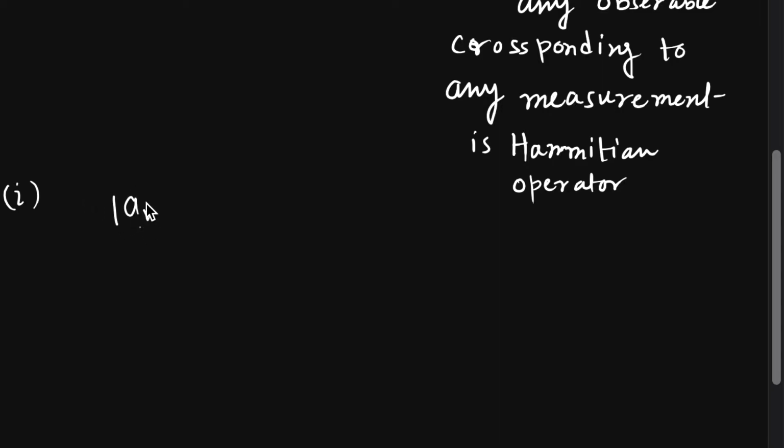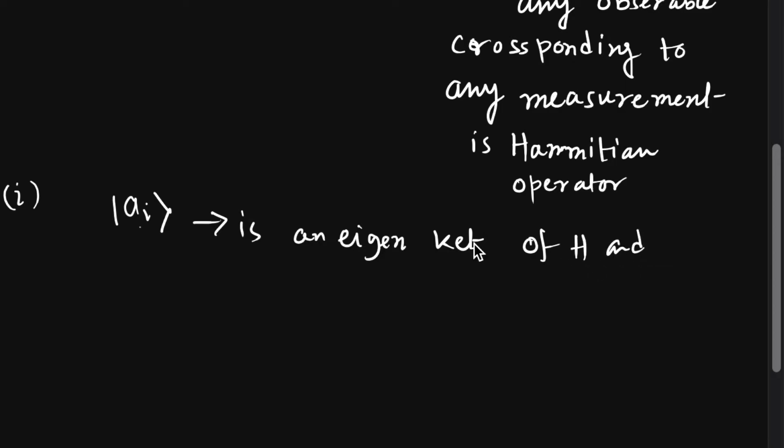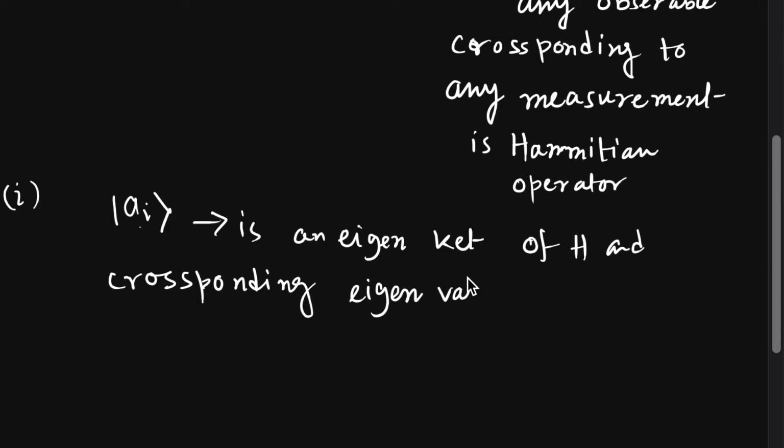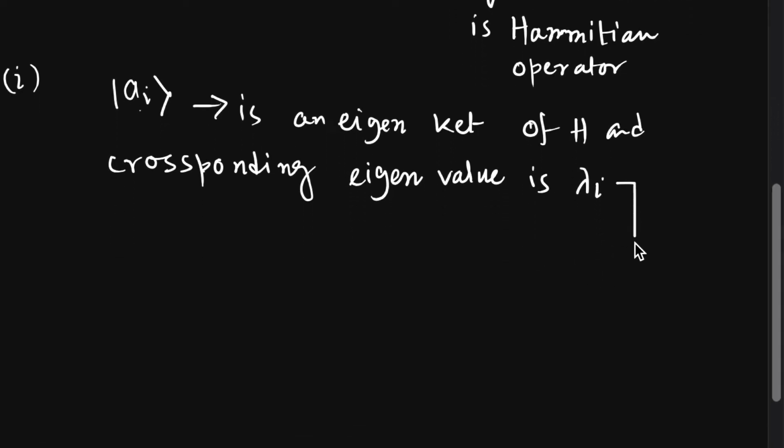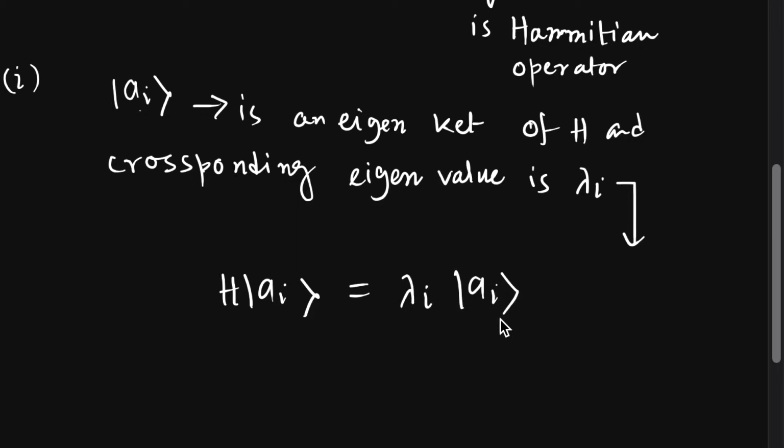Suppose that |ai> is an eigenket of H and the corresponding eigenvalue is lambda i, then H|ai> equal to lambda i |ai>.